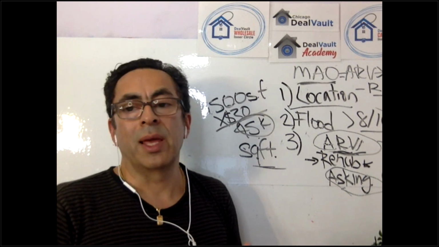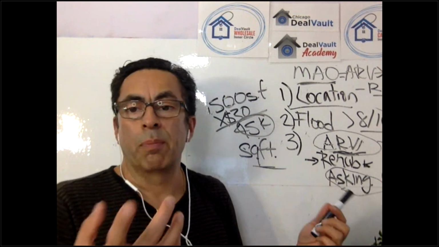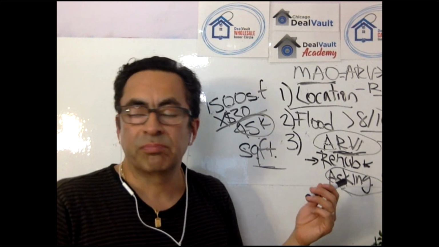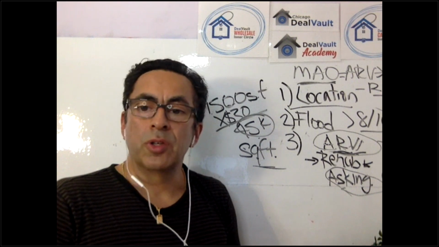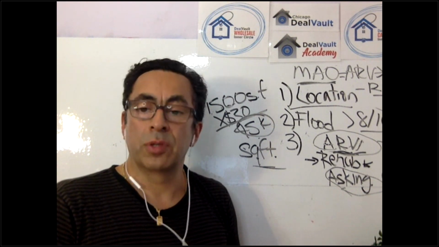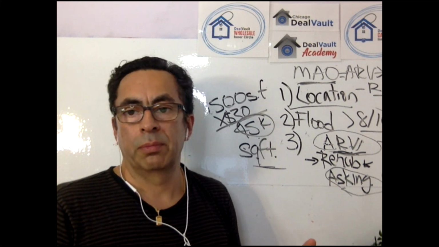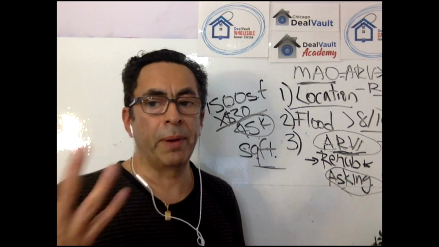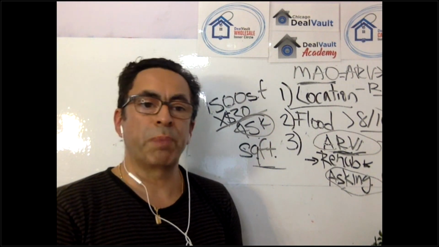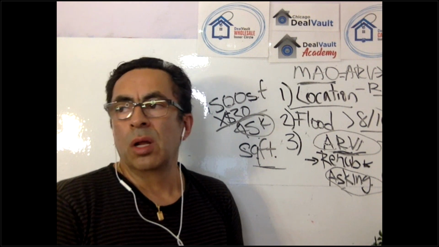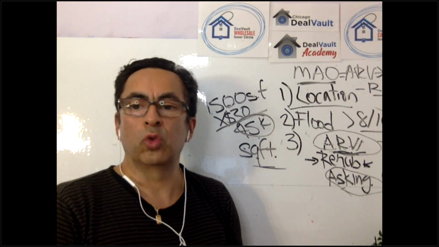So when you do a light rehab, you multiply the square footage times $20. So for example, if it's a 1,200 square feet property times $20, you're going to be hitting 15 to 20,000 easily on a light rehab. The minute you open up a house, you're looking at 10 to 15,000 easily. Just paint, appliances, touch-ups, cosmetic rehab, you're going to be hitting 15 to 20,000.